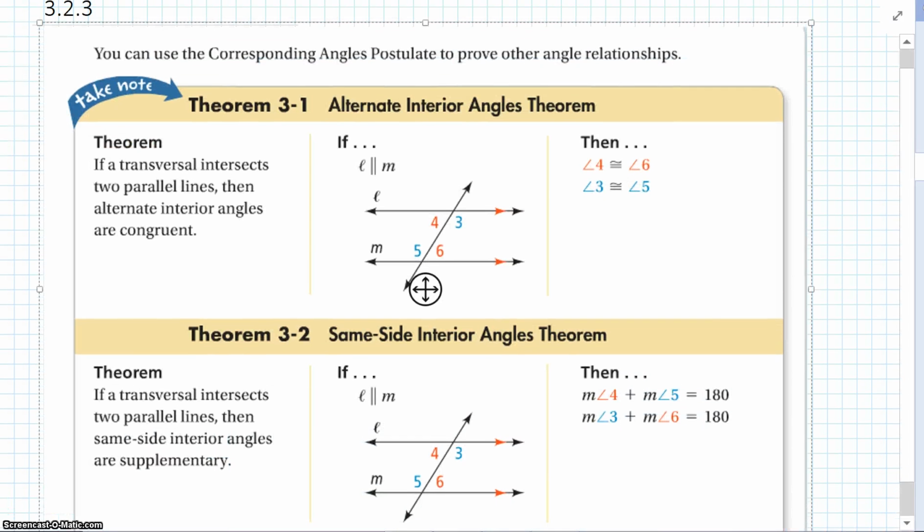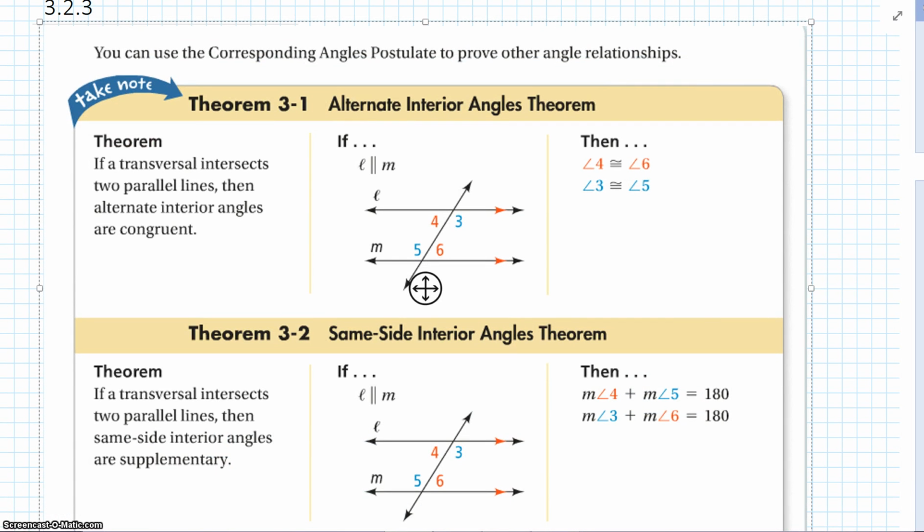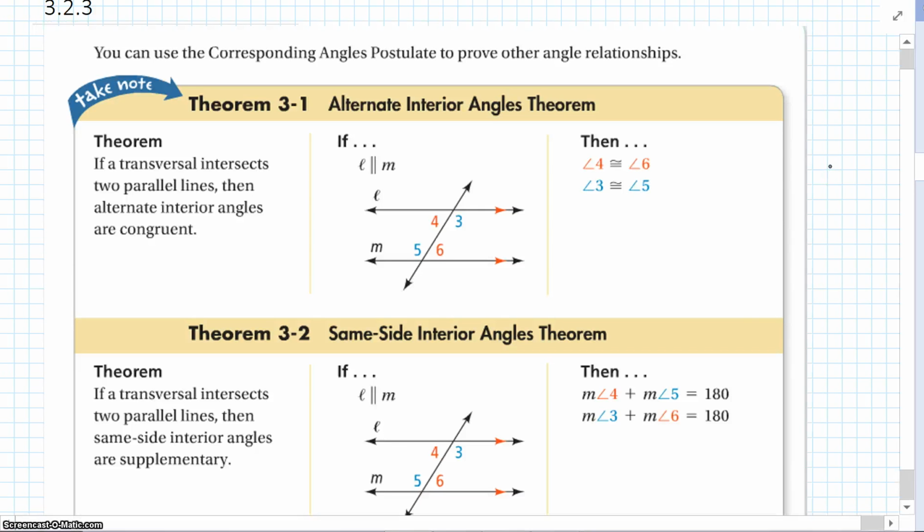Okay. Well, you can use the Corresponding Angle Postulate to prove other angle relationships. We can prove, which we just did earlier, that alternate interior angles are congruent as well. So angle 4 must be congruent with angle 6, and angle 5 must be congruent with angle 3.